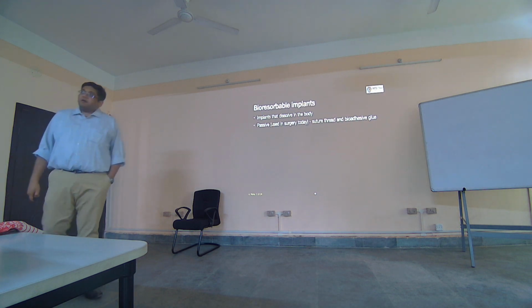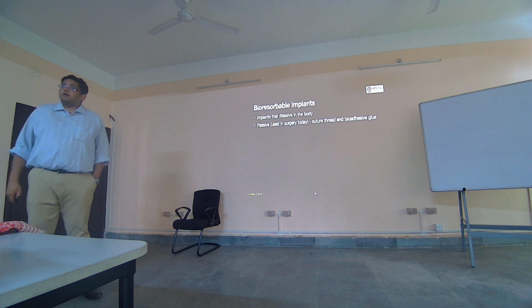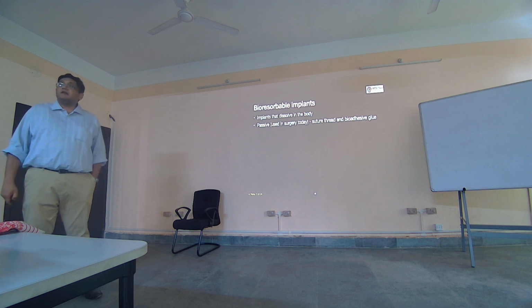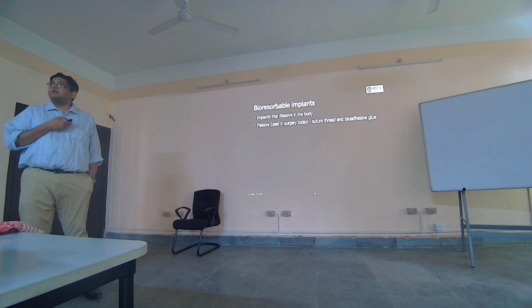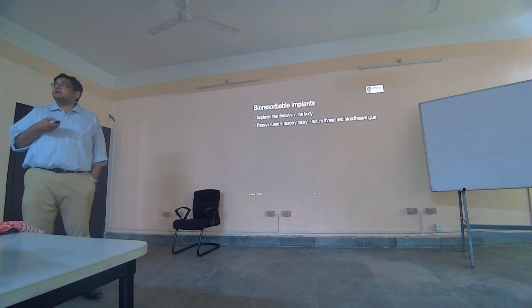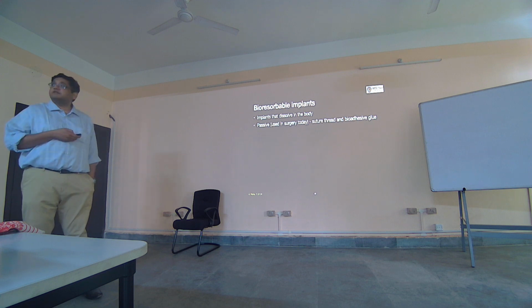So what we're talking about are known as bioresorbable implants. That is, we want implants that can resolve in the body. Today, the thread that is used to stitch you up after you have a surgery is bioresorbable. So it disappears. The body is able to decompose it. We want something to that effect when we design electronics in the body.